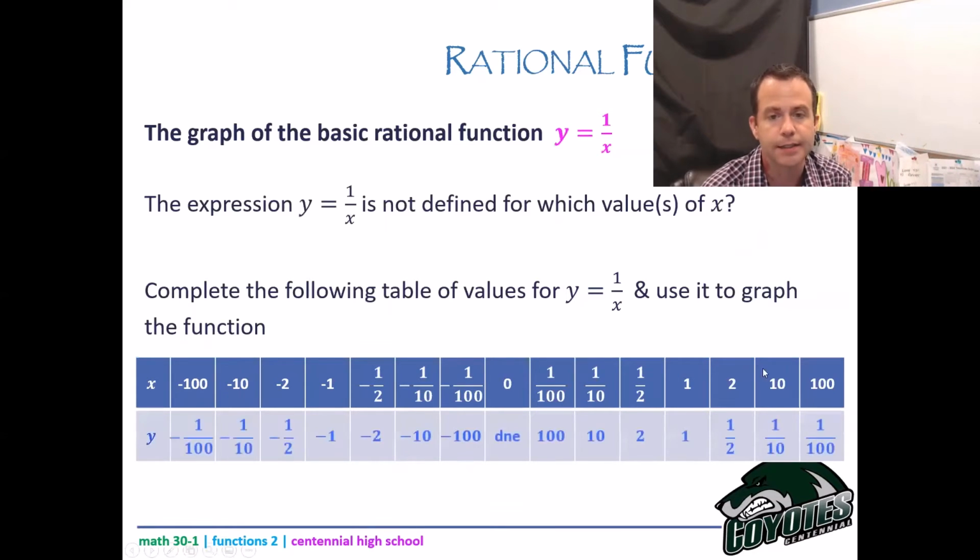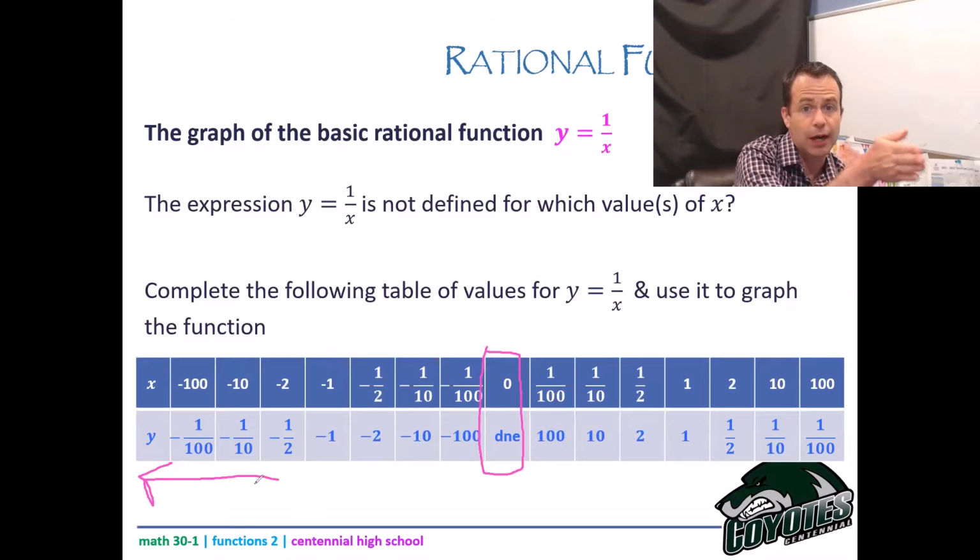And you've got these numbers here. Now, what I want you to notice is a few things here. So at 0, y doesn't exist. Great. As I approach negative infinity on the x, right? I'm going negative 1, negative 2, negative 10, negative 100. So as I approach negative infinity, my y values are getting super, super close to 0.